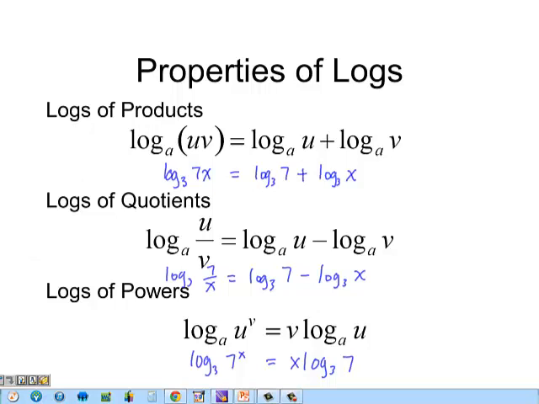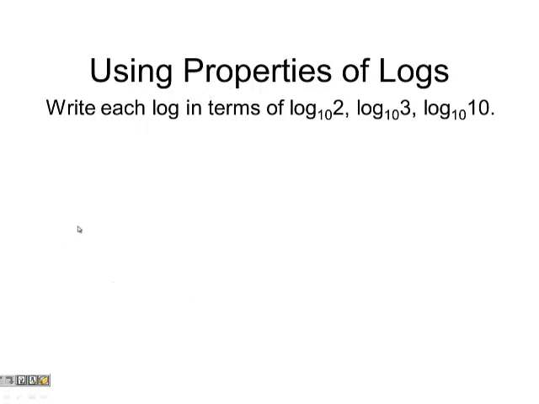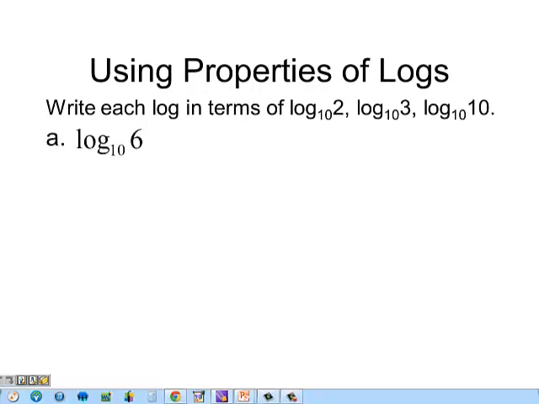Okay. Let's see next. Using the property of logs. We'll do this one first. This is equal to, if I can only use 2, 3, and 10, how can I break this down into 2, 3, or 10? I can break that down into 2 times 3.